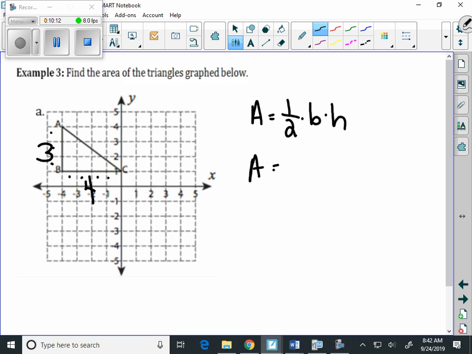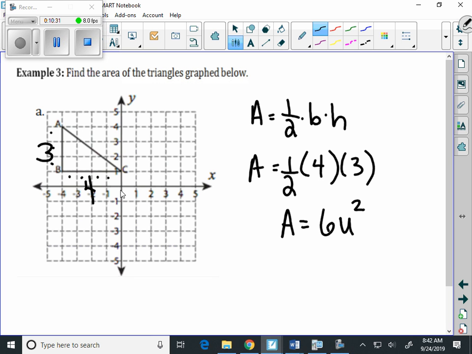So we get area equals 1/2 times 4 times 3. And hopefully you don't even need to type it in. If you do, that's fine. But we get A equals 6. 4 times 3 is 12. Half of 12 is 6. And then I'm going to put U squared for units squared. Area is measured in square units.